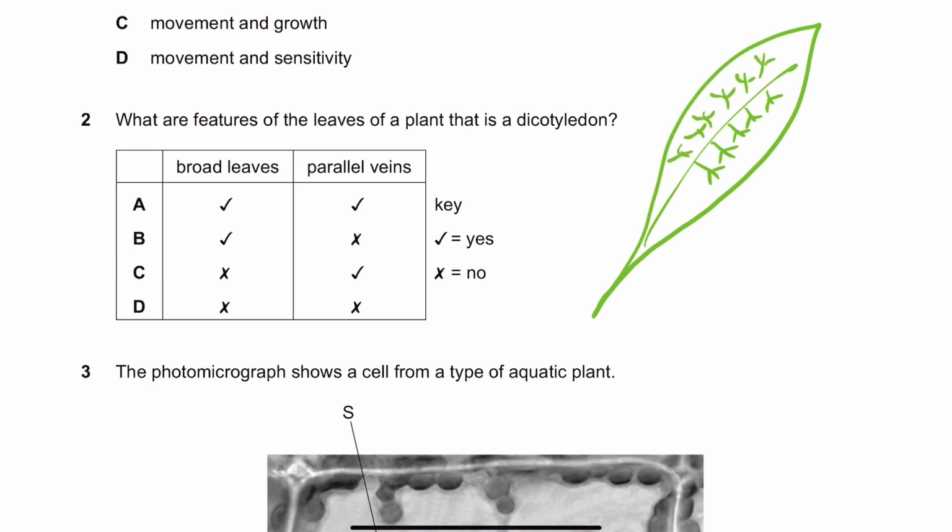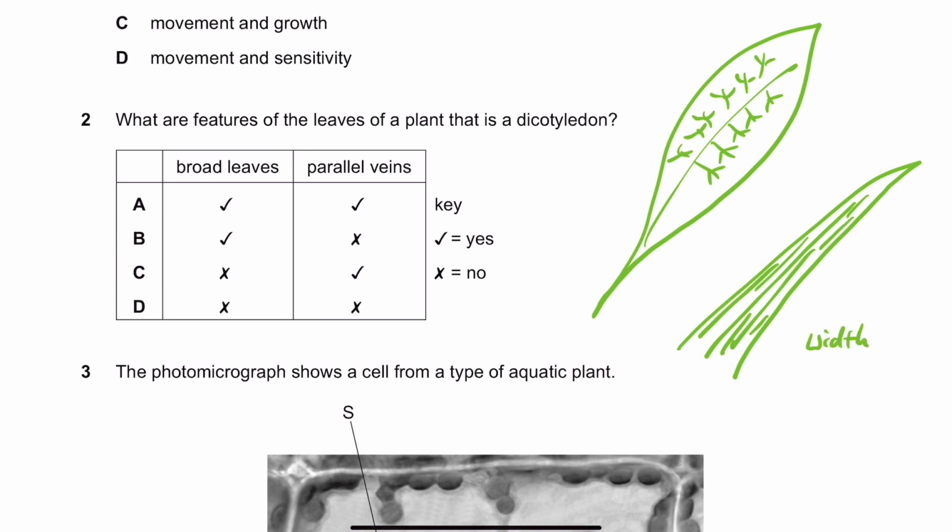Whereas monocotyledonous plants have leaves that are very narrow, and they have veins which are parallel.